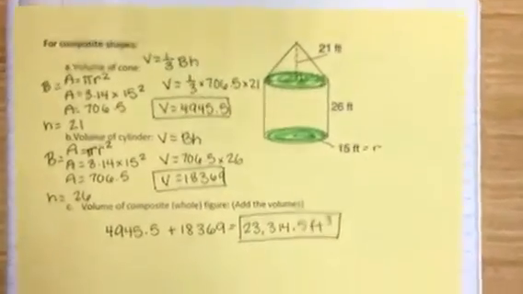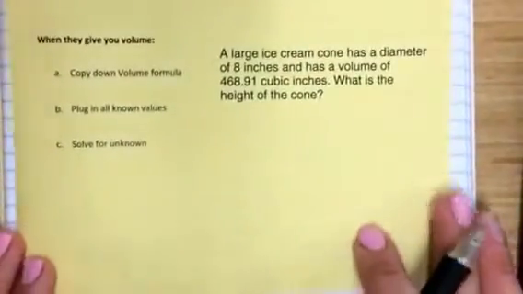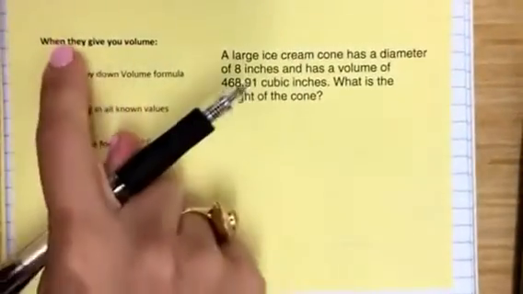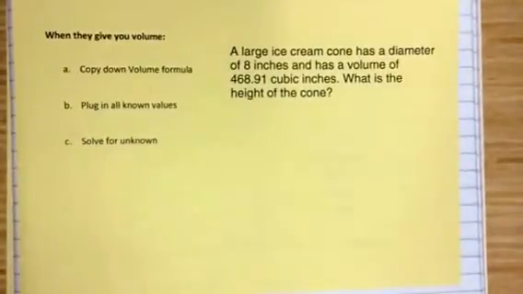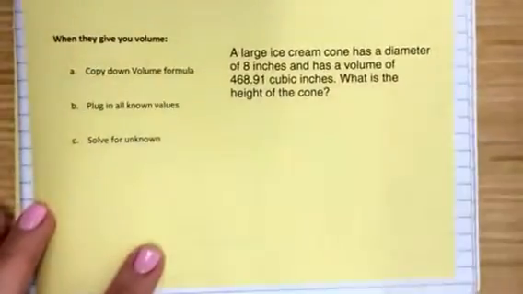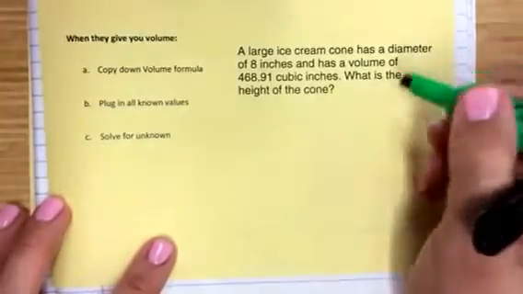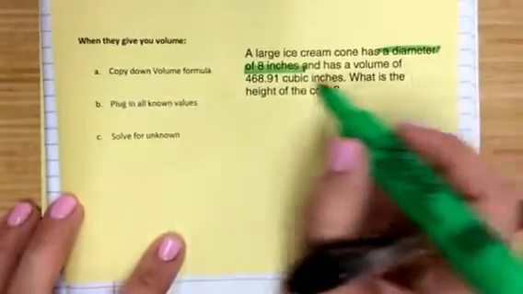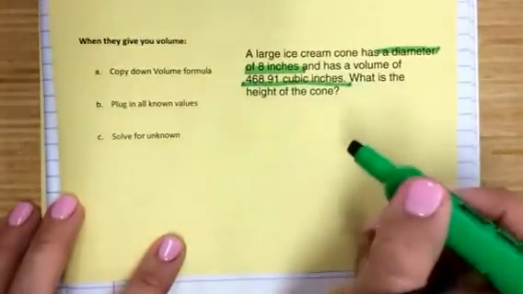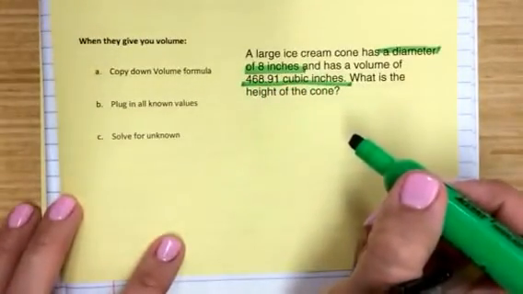There we go. In our last example, this is an example of working backwards when they give you the volume and you have to find another one of our components. So let's look. A large ice cream cone has a diameter of 8 inches and a volume of 468.91 cubic inches.